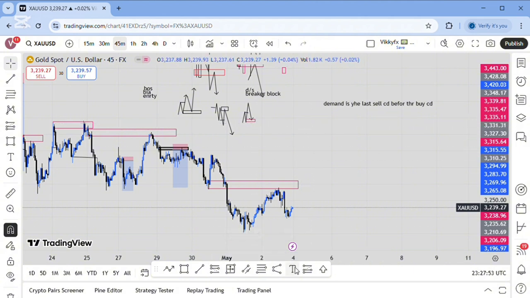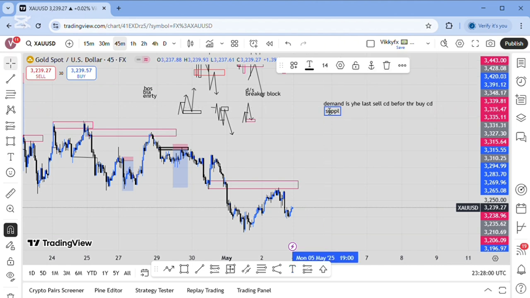For a sell, which is the supply zone, the supply zone consists of the last buy candle before a sell candle.